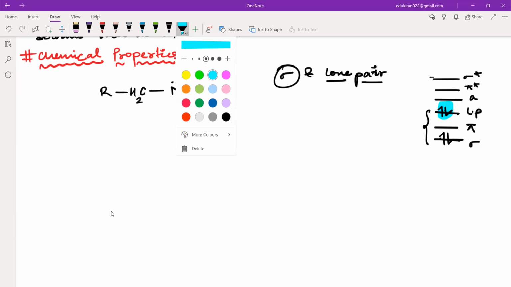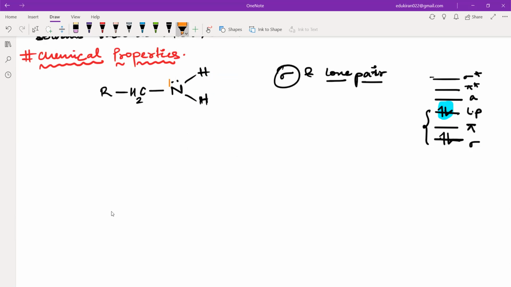So this lone pair is the most reactive part of nitrogen. Whenever we have an electron source, this lone pair will donate its electrons, and that is why it can act as a Lewis base.